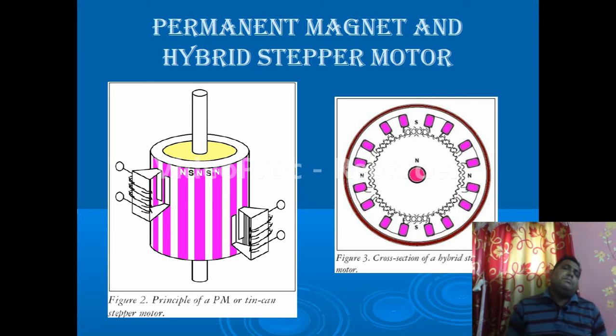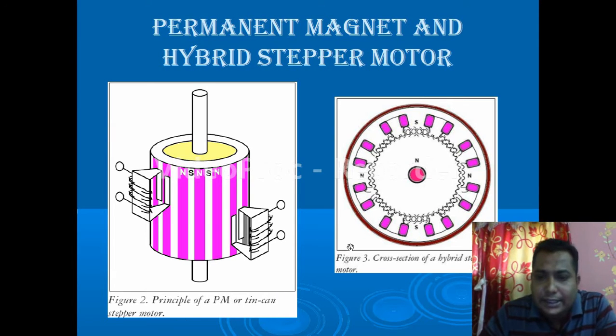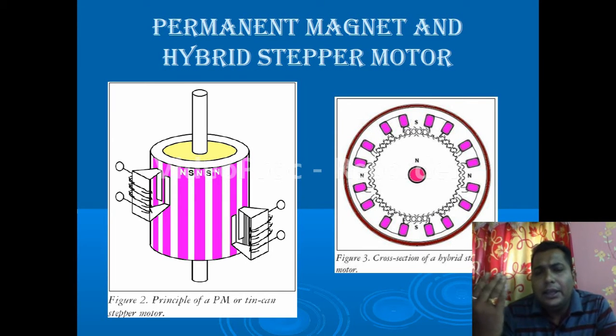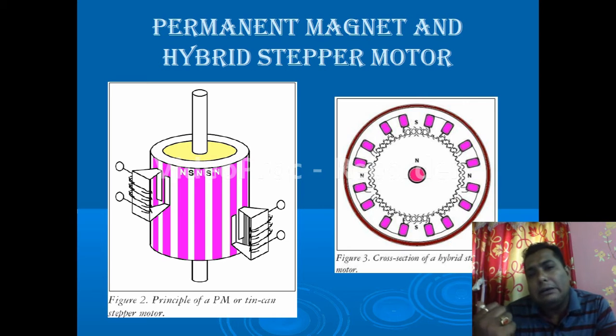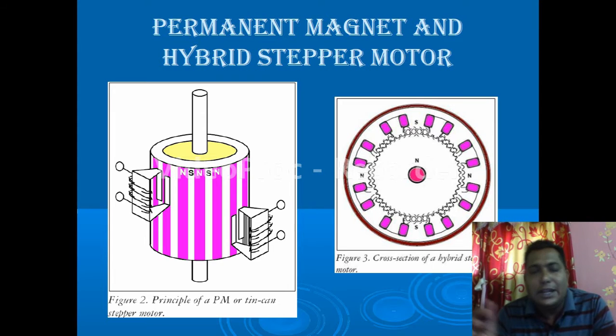So this is a permanent magnet stepper motor, and here, as we can see, the rotor teeth and the stator teeth are all very carefully slotted. Why are these slots made? So that a very little angle movement, a one-step movement of the rotor shaft, can be made.